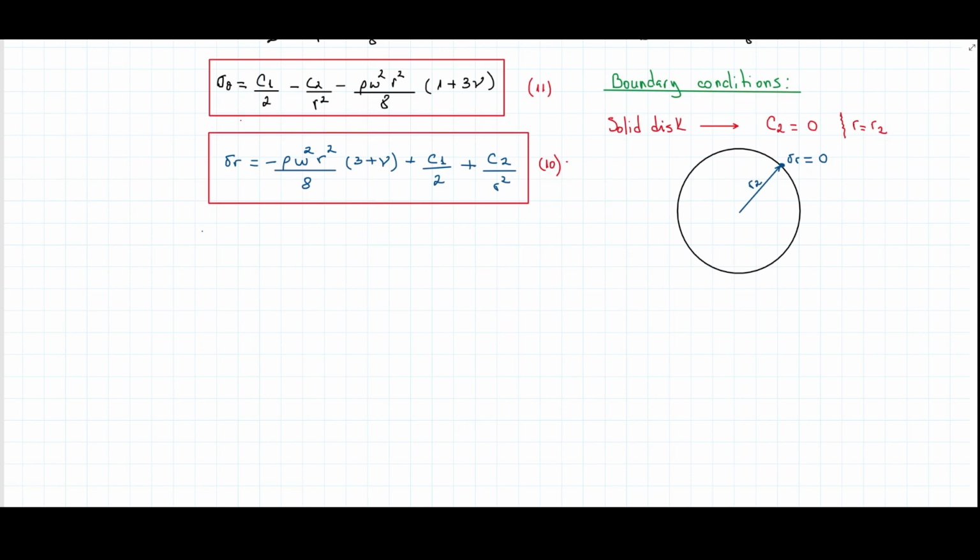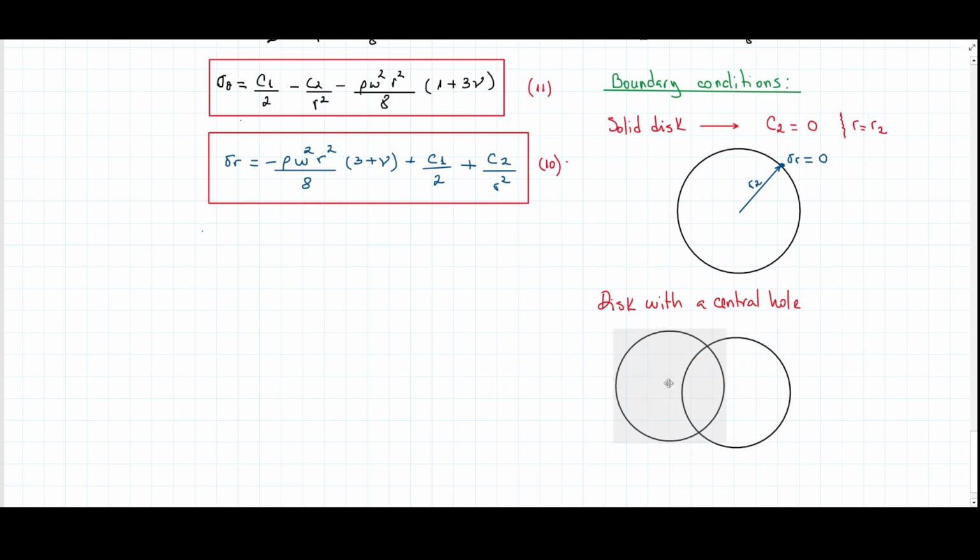So that's one case. In the other case, we have the disk with a central hole. So if I draw that disk here, like this, and I draw another circle to represent the internal hole, then I'm going to have R2 and R1.